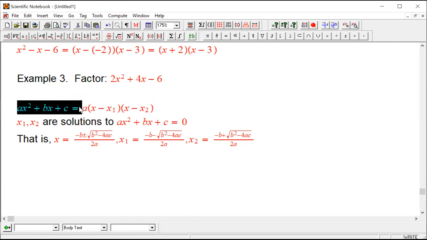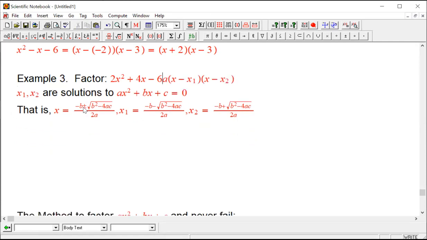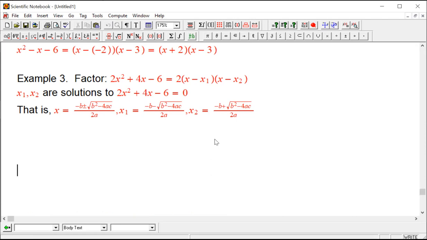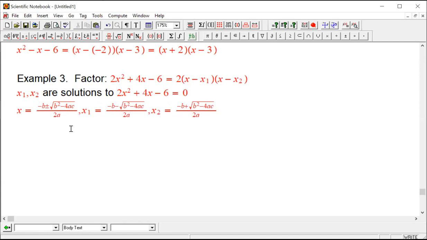So we just have to apply it. A this time equals 2. X1, X2 are solutions to the equation here. Do you guys see that? So now let's apply the formula.